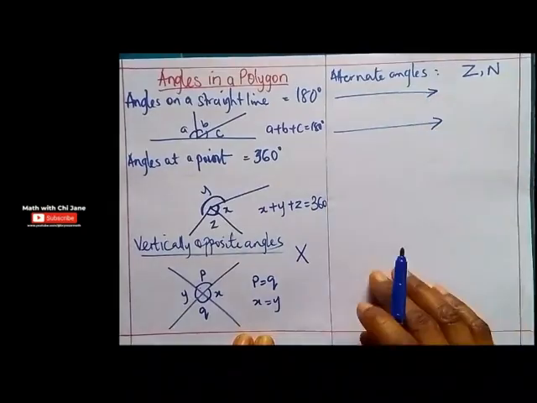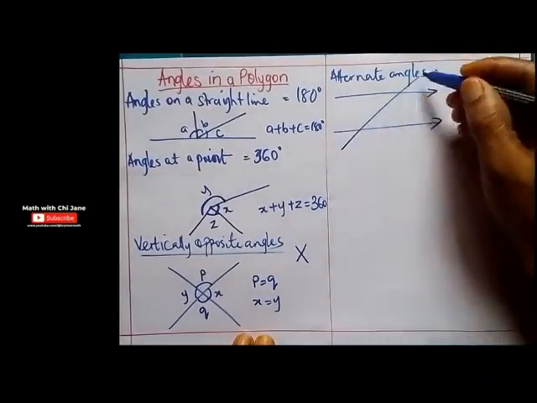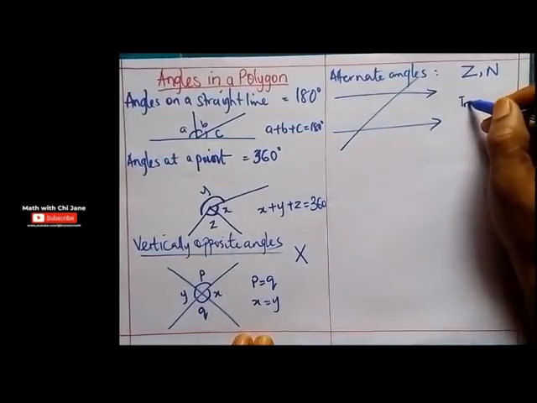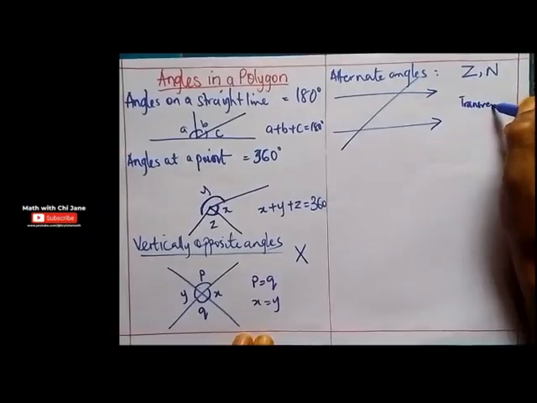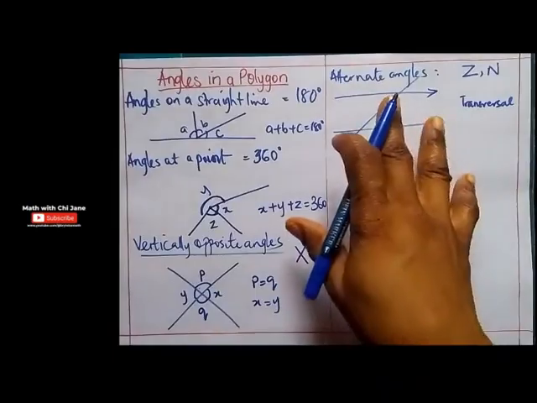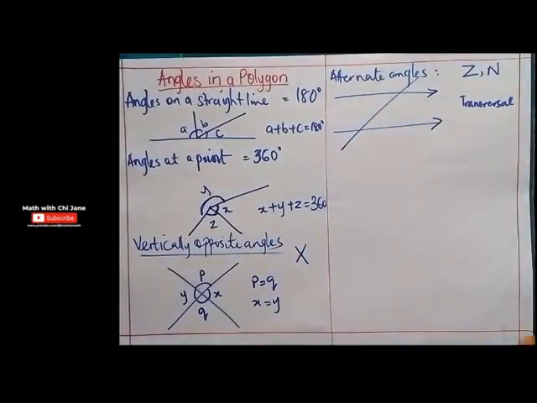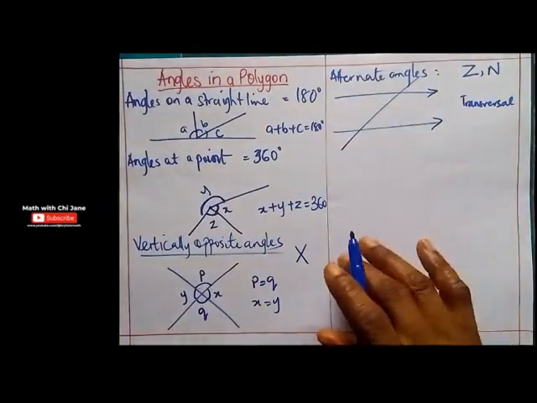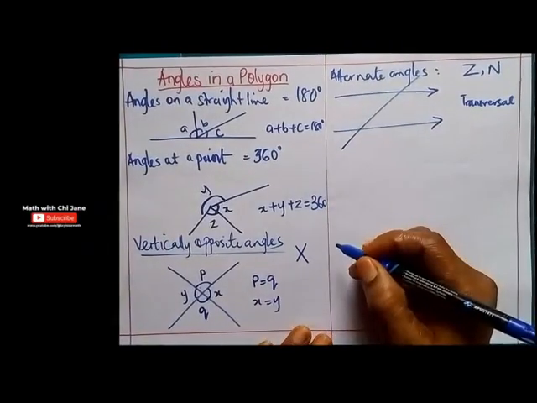This is a parallel line, and a transversal crosses it. A transversal line is a line that crosses the parallel lines. These are two lines. Parallel lines can be 3, but the main thing is that the lines are not meeting each other. They cannot come close. All right, so that's a transversal crossing it.